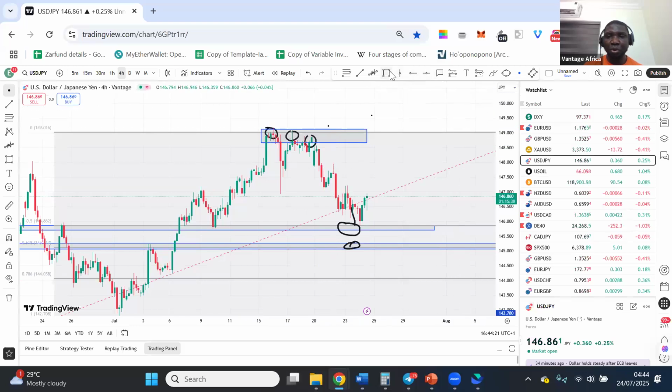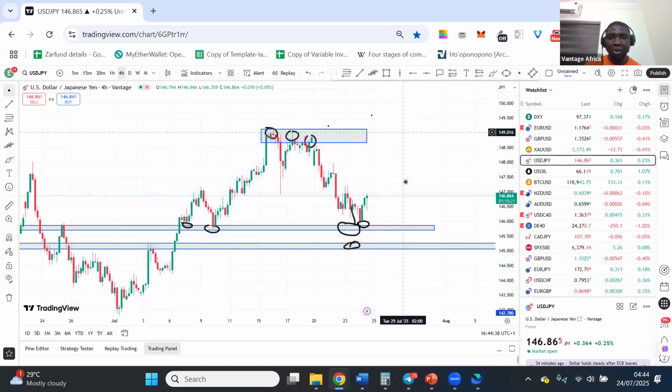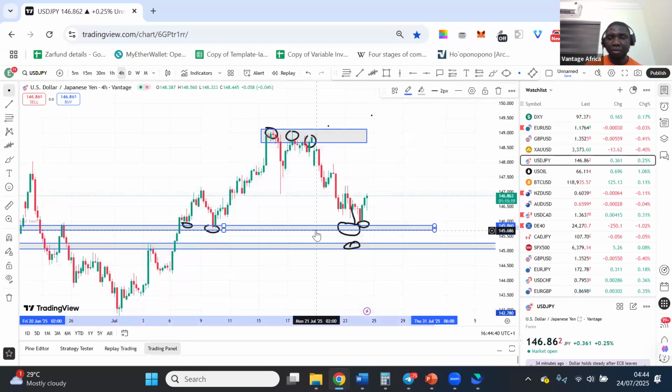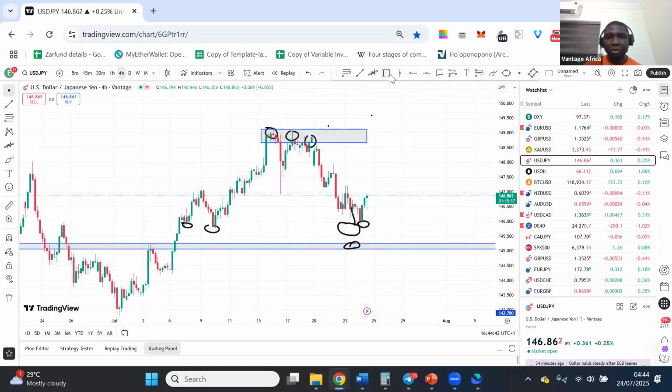Now, when it comes to a support zone, you first come here and find where the support levels are. This is a swing low, this is a swing low. You start by finding swing lows, and then you are able to connect these swing lows together.